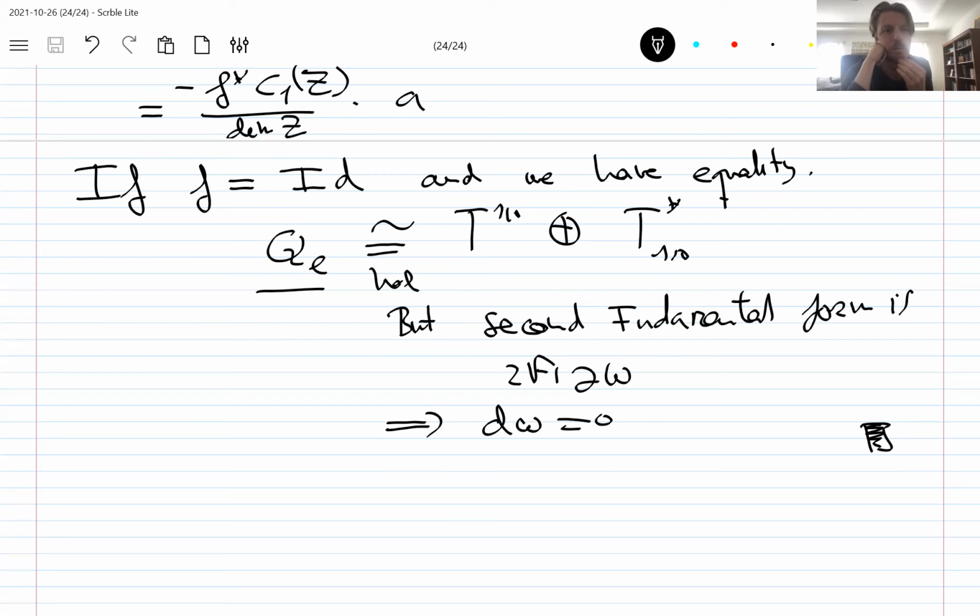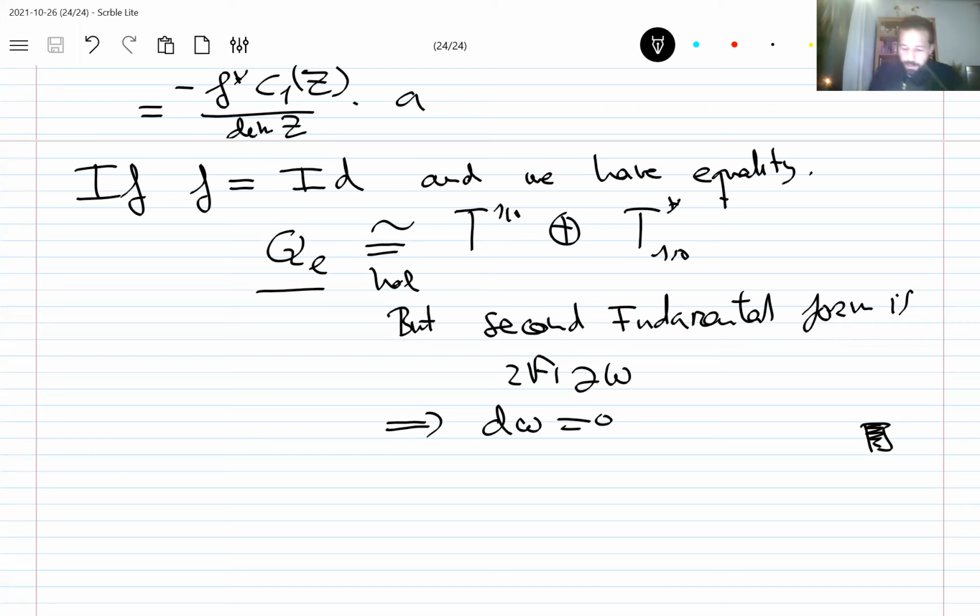If you split your bundle as a smooth complex vector bundle in a direct sum, then, oh no, sorry.